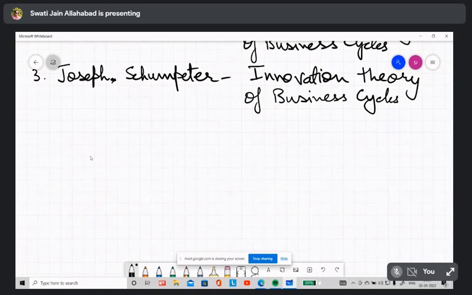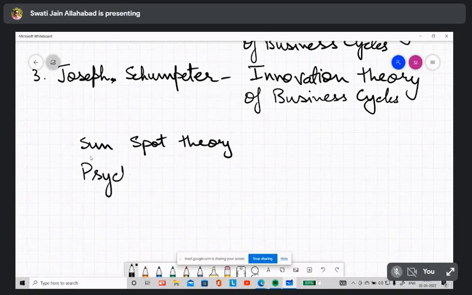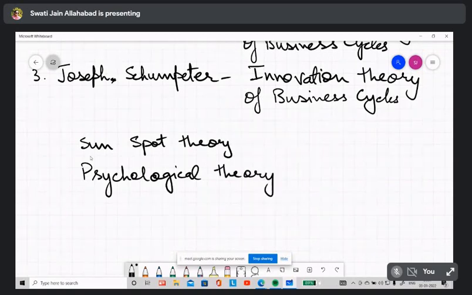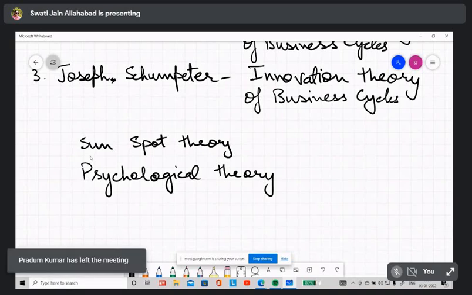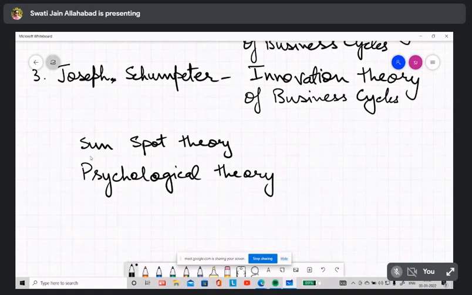There are several other theories which are the ancient theories. Ancient theories like sunspot theory, or psychological theory. Now these are all reasons why there are fluctuations in economic activities.